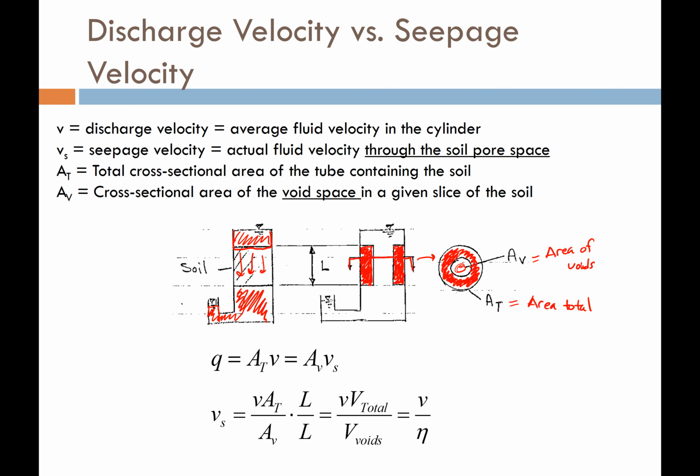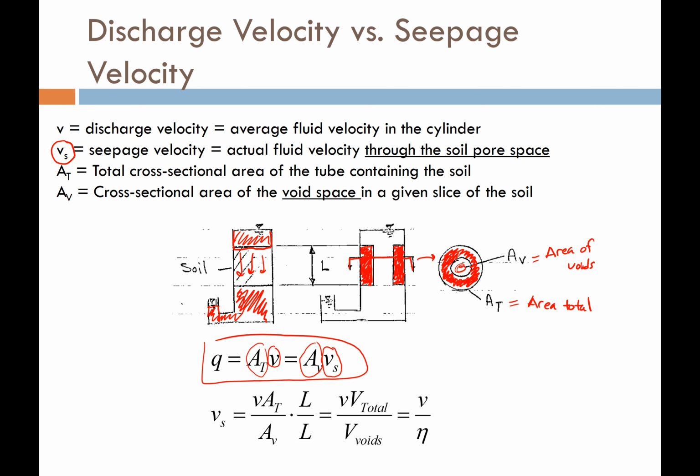So if we have a smaller flow area, the velocity of the water has to increase, like we already discussed. We call that higher velocity V sub S, or the seepage velocity. This is the actual fluid velocity through the soil pore space. We can compute it simply by using this equation right here. We know flow is constant, so the discharge velocity times the total area has to equal the seepage velocity times the area of the voids.